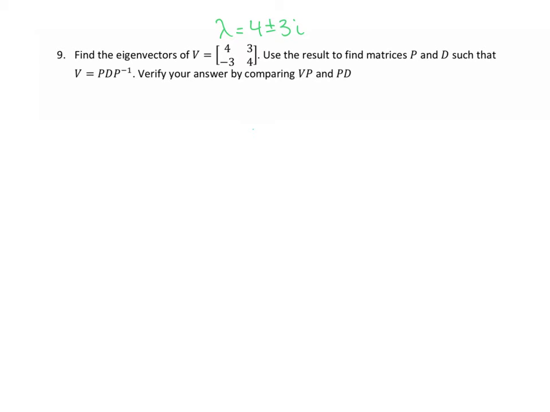And what we learned on the last 2 problems is if you find one of the eigenvectors, you will be able to take its conjugate, and that'll be the other eigenvector. So using 4 plus 3i, pause this video, try to find the eigenvector that is associated with that eigenvalue, and we will check your answer and go from there.